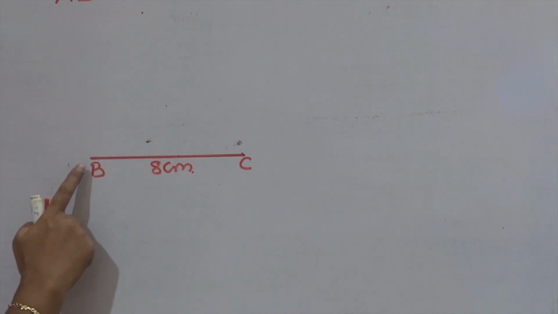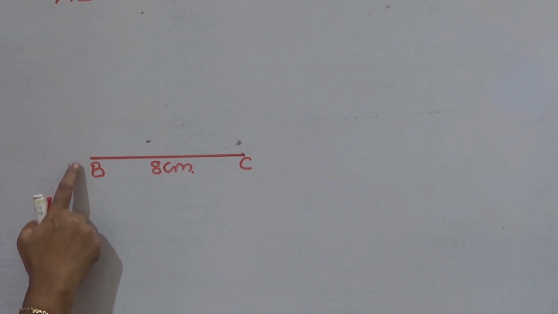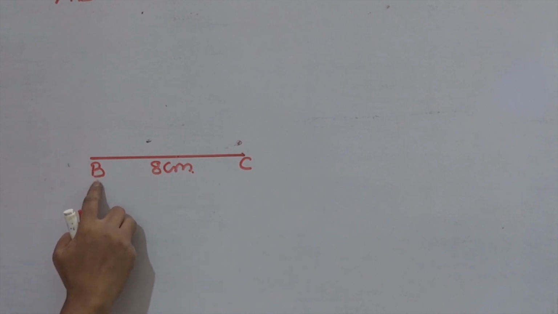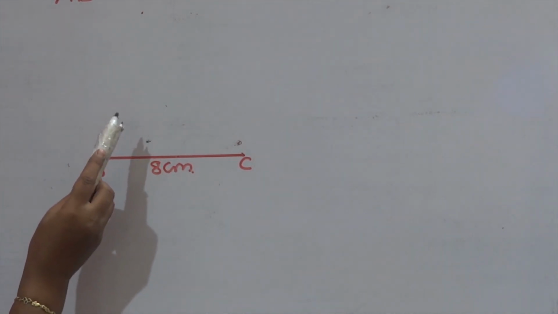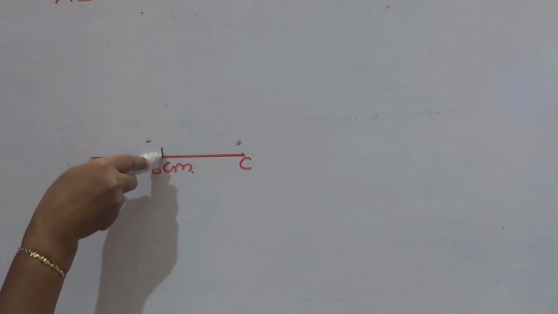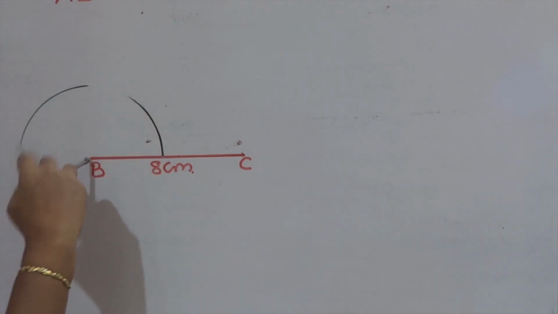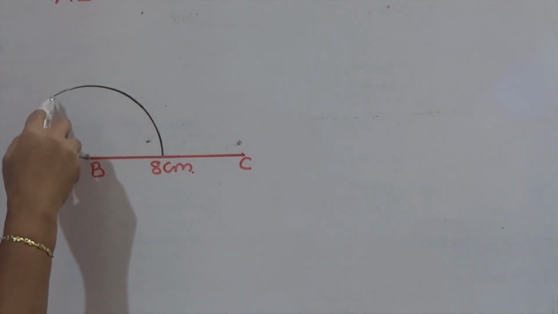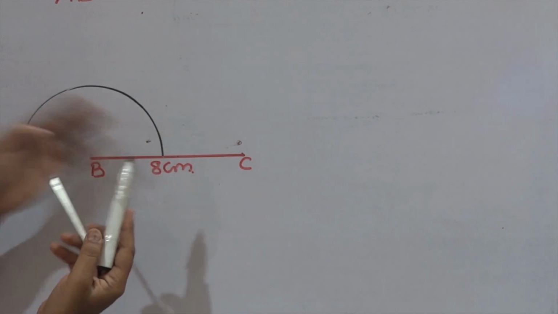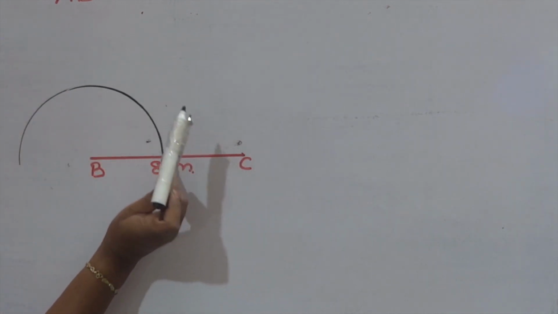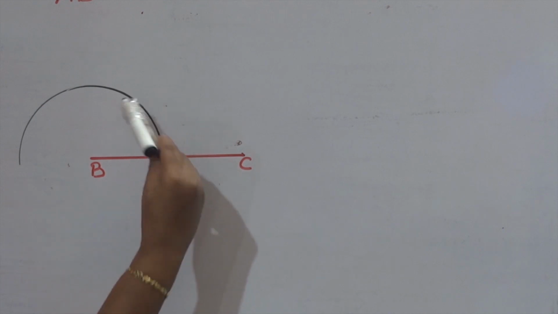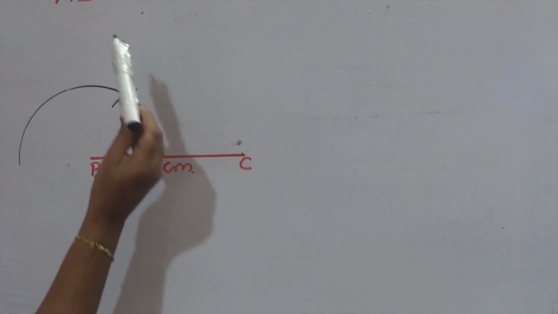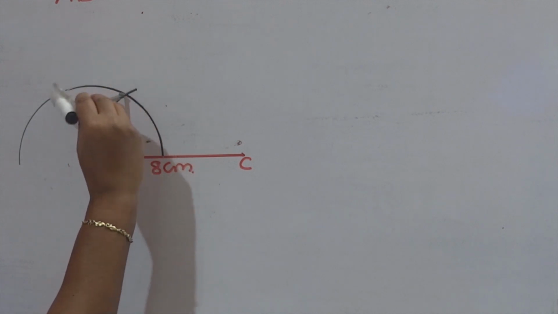Now we have to make a perpendicular at point B. To construct the perpendicular, we have to make an arc here like this. Now without disturbing the compass, we have to keep the needle of the compass at the starting point of the semicircle and make an arc here.